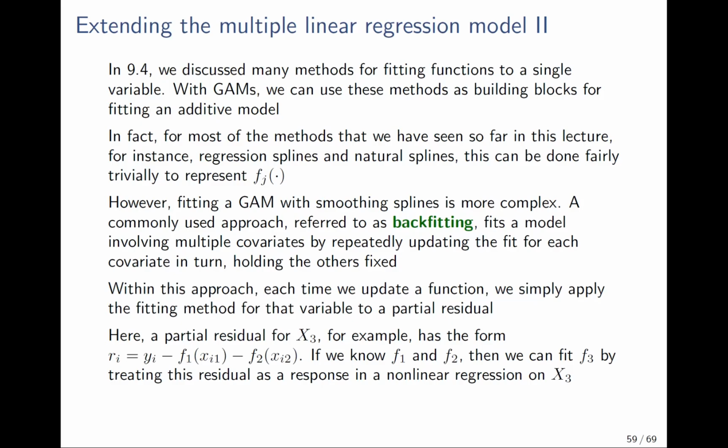Now it turns out that the GAM with smoothing splines is slightly more complicated. We have to use an approach known as backfitting, and you can read a bit more detail about that there. But we don't need to worry too much about that now.